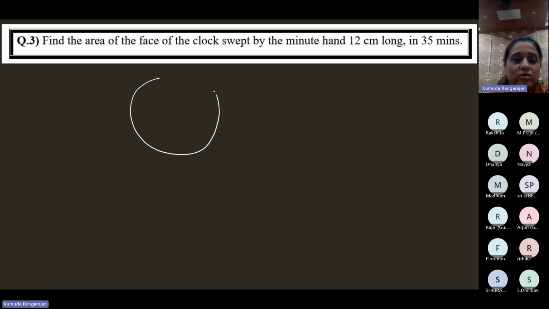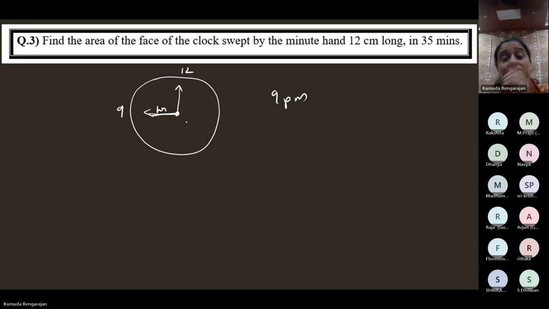So now, say it's 9 p.m. This is the hour hand, okay? When will this hour hand come back to 9? The minute hand now is at 12.